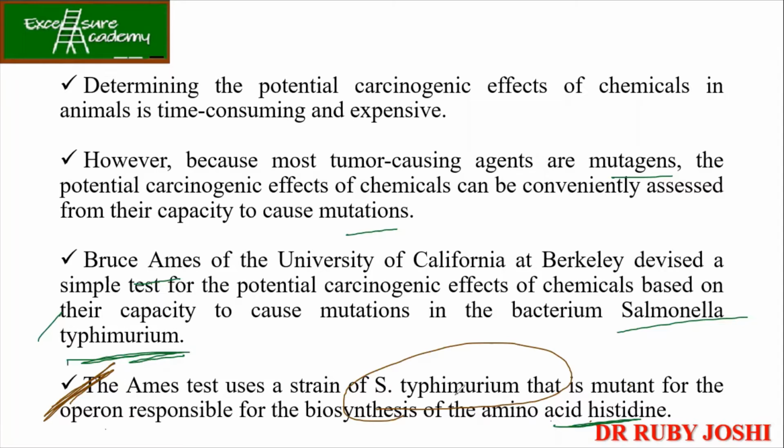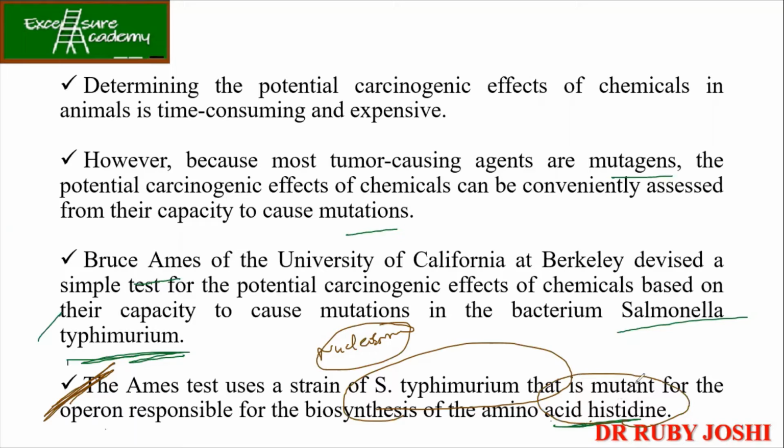It's a bacteria. Bacteria or prokaryotes, they don't have nucleosomes. It is only present in eukaryotes. And it has nothing to do with the packing. When I say Salmonella typhimurium is mutant, it means it cannot biosynthesize histidine. Okay? Is the sentence clear?